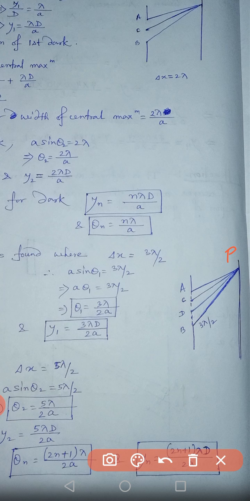Can you follow? Bright one. The reason is that it is 3 lambda by 2, an odd number, which is why we divided the slit into 3 parts. The first 2 parts will cancel each other, but the third part will contribute to the intensity. Same way, if 5 lambda by 2 is the path difference between the extreme two, then the whole slit AB should be divided into 5 equal parts.